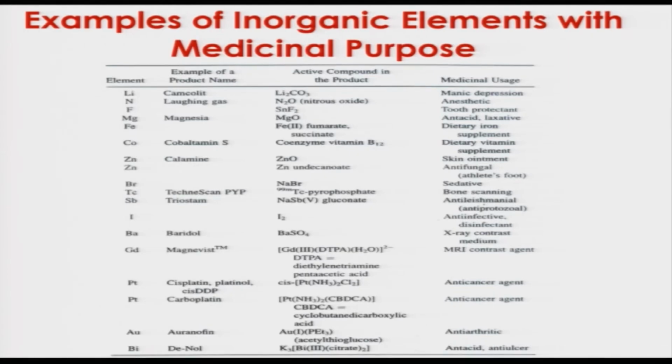The list is very long and I am not going to discuss all of them in detail, but you can see that inorganic elements are regularly utilized for medicinal purposes.